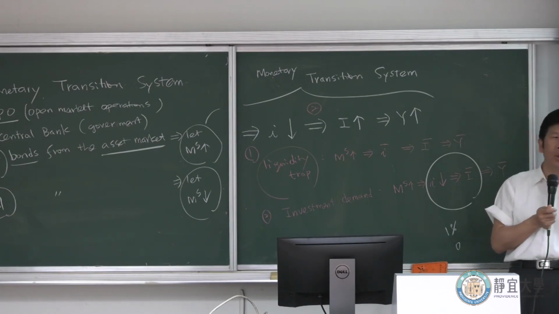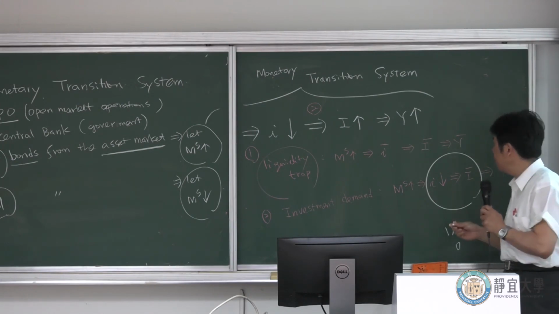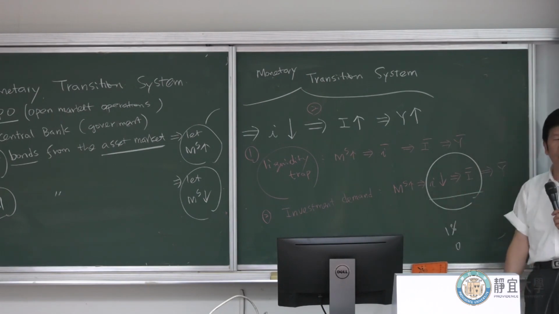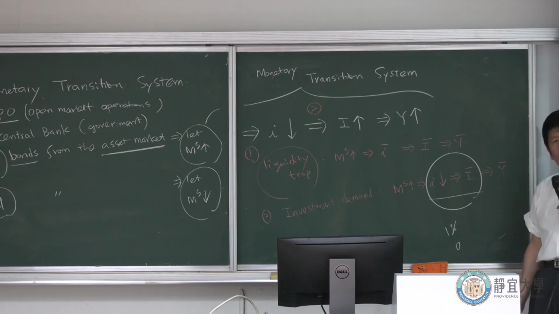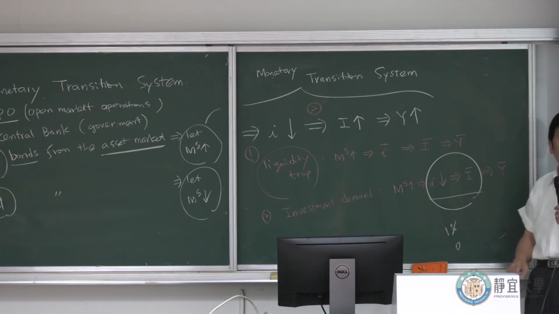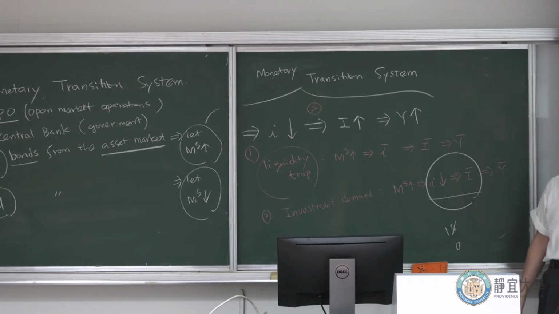Maybe it is good for you. So here, you can see the interest rate is quite low, but people don't like to do more investment. Why? Do you know why?